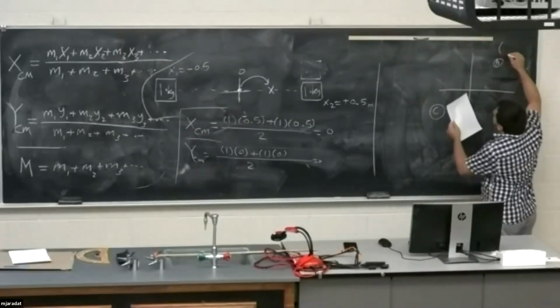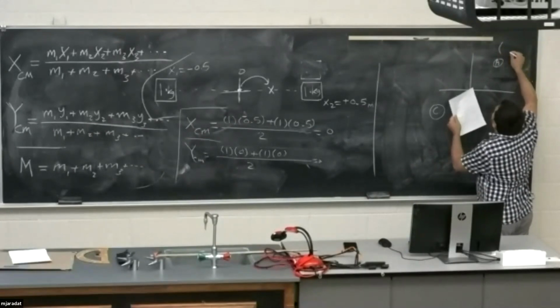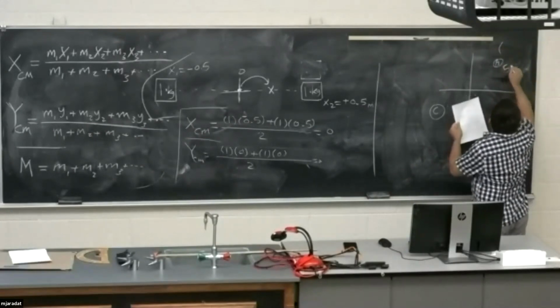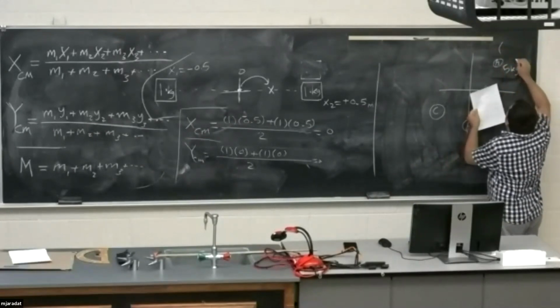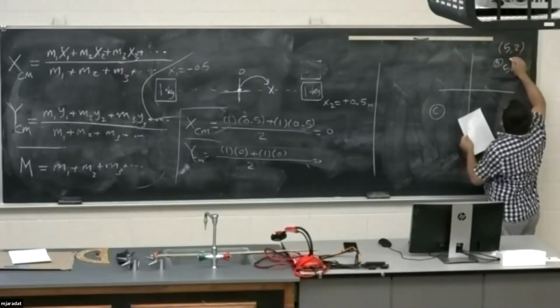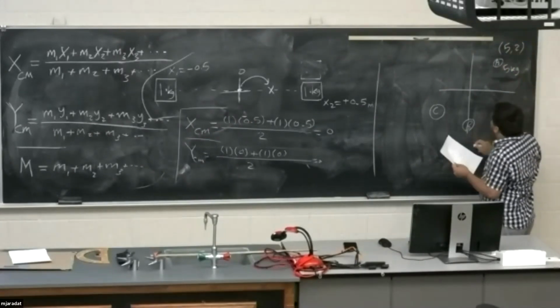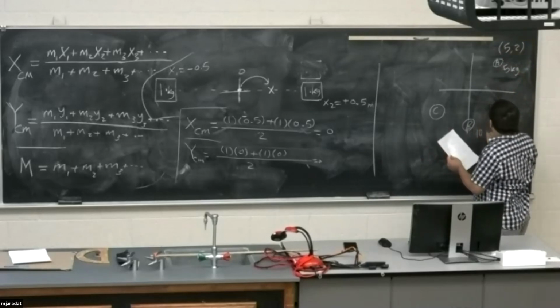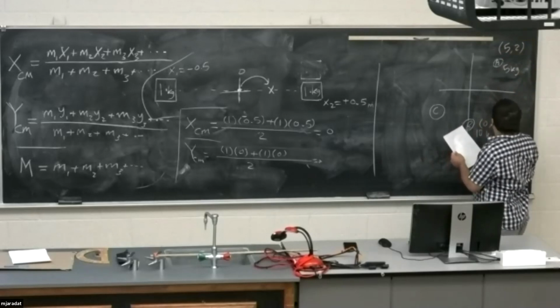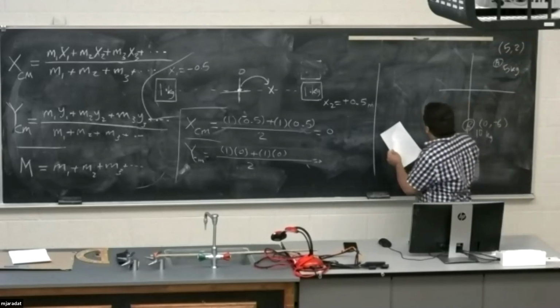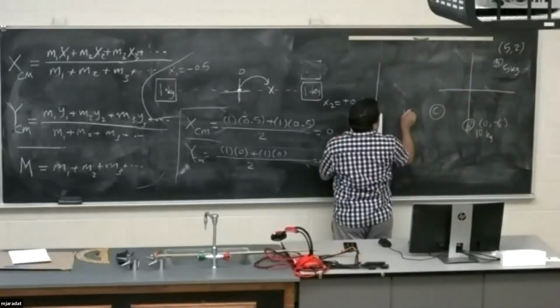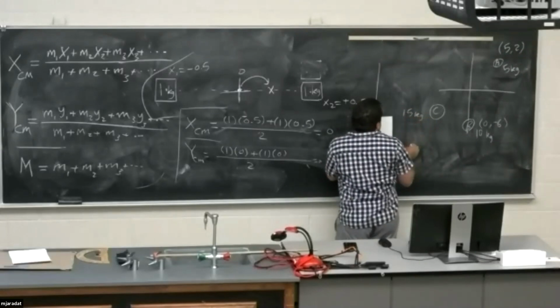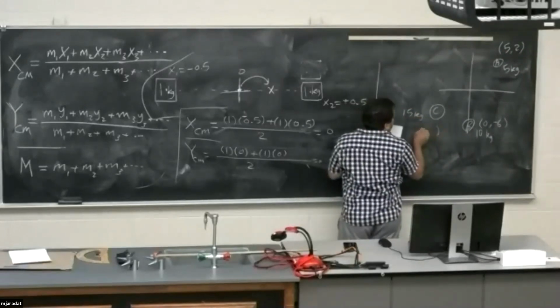A is 5 kilograms at the point 5 and 2, x 5, y 2. B is 10 kilograms at the point 0 in x and negative 6 in y. The mass of C is 15 kilograms. It is at the position negative 3, negative 3.